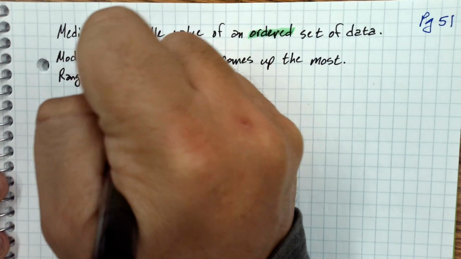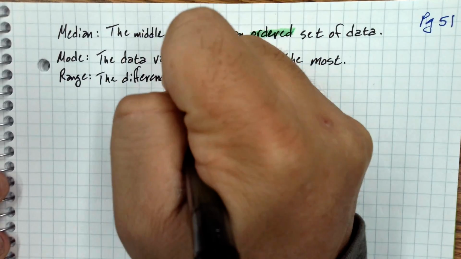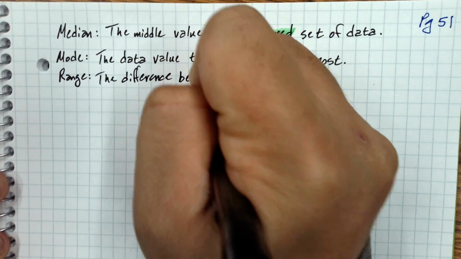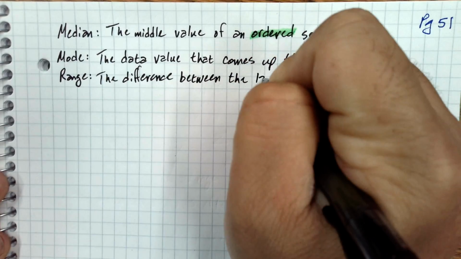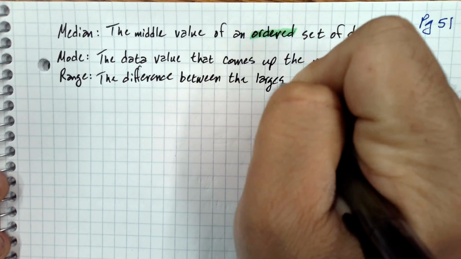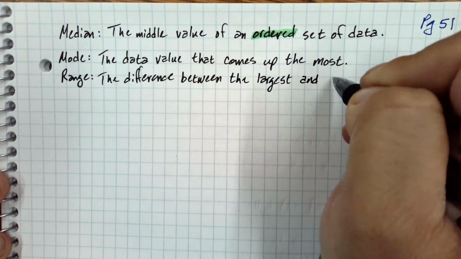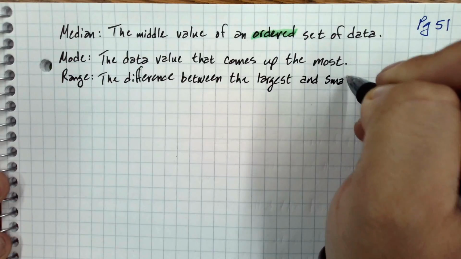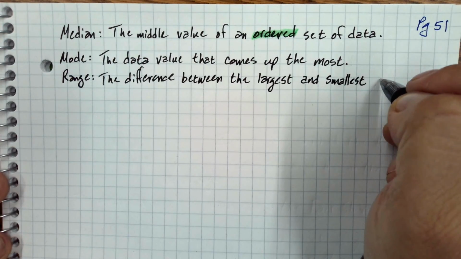The difference between the largest and smallest data values.